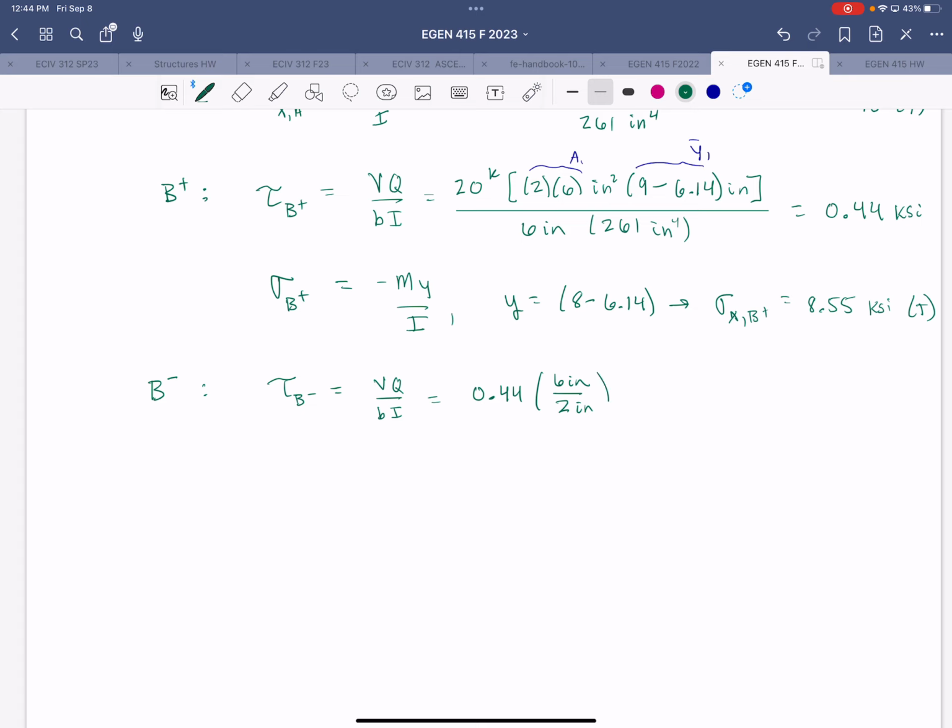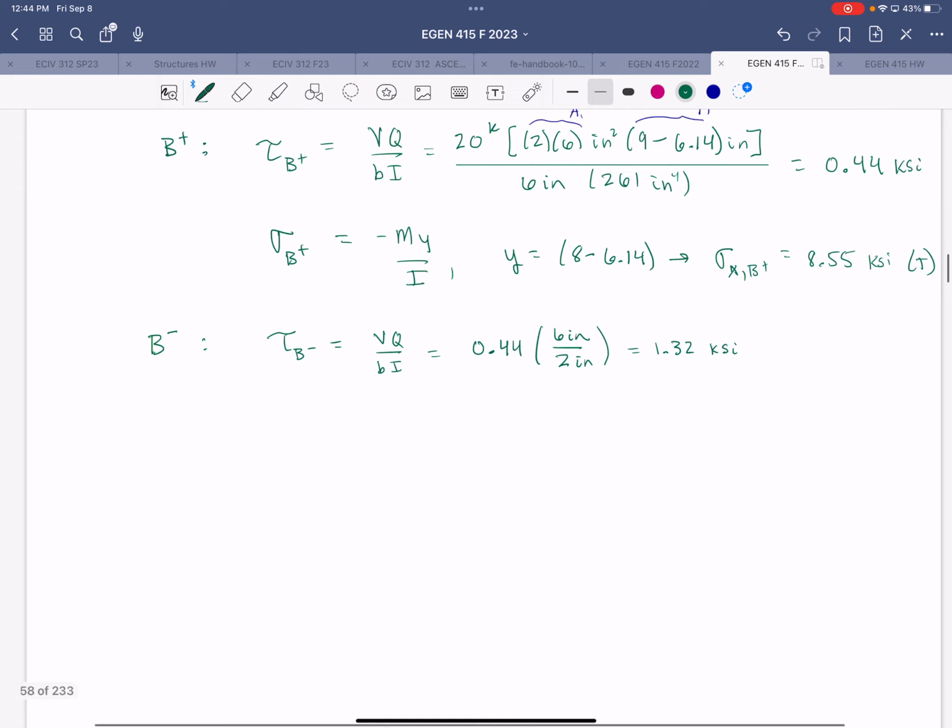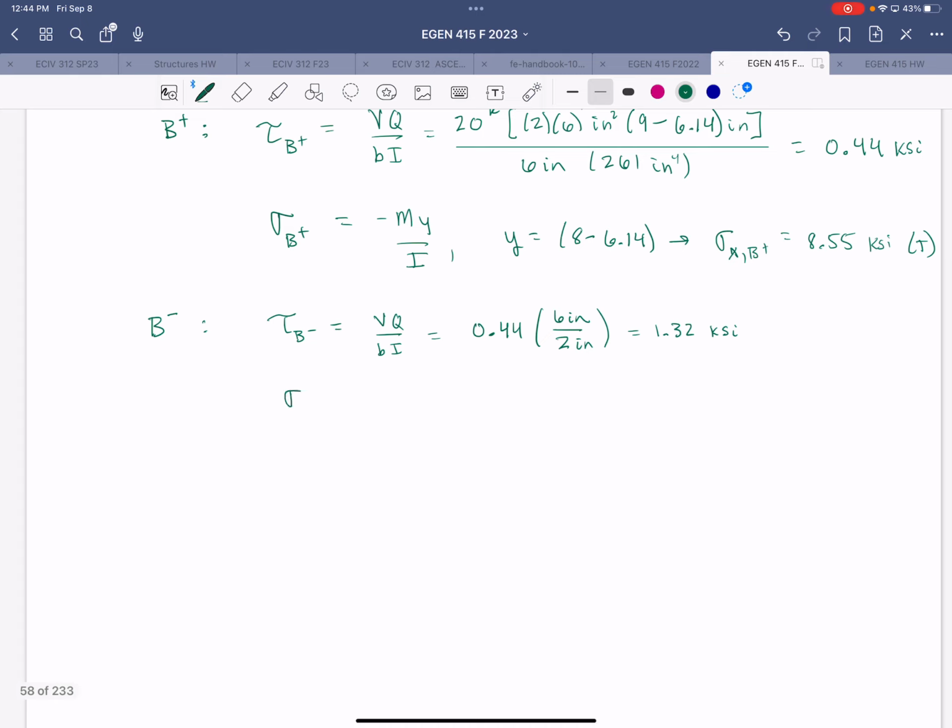So we're going from 6 inches to 2 inches, and that gives us 1.32 ksi. And then our normal stress at that location will be the same exact thing that we calculated in the previous step, because that is not dependent on width.